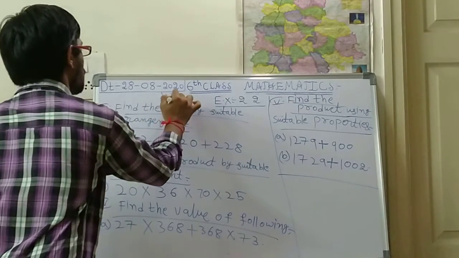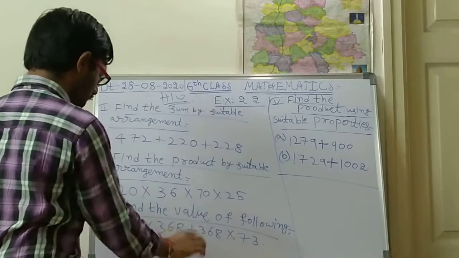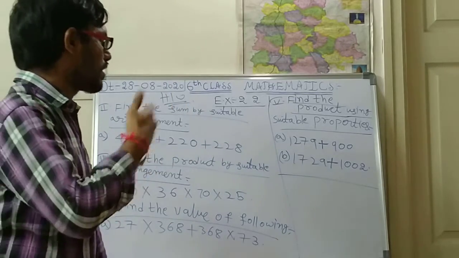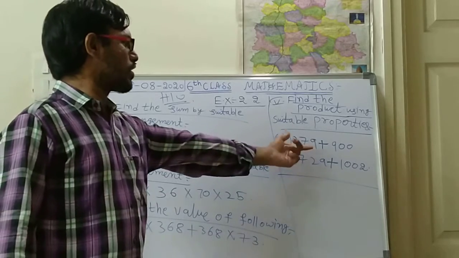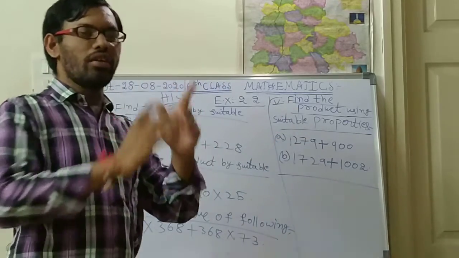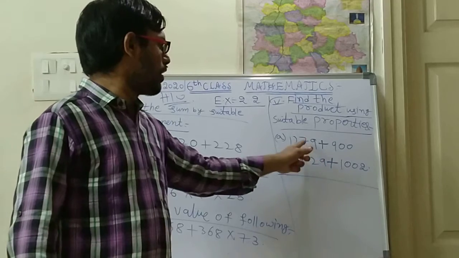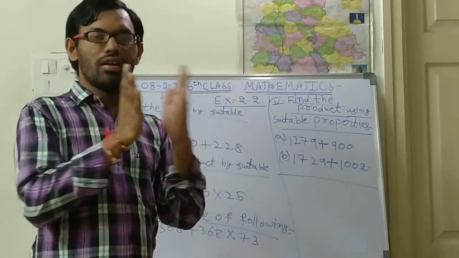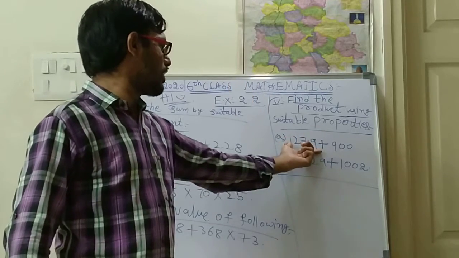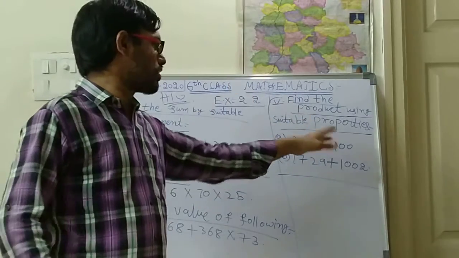So these problems you do as homework, children. Very easy only. Whatever properties you want to take, you can take. In this fifth bit, I think you have to divide at least one number into two parts with addition. So 1279, it is 1000 plus 279.